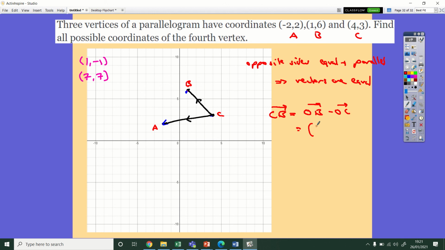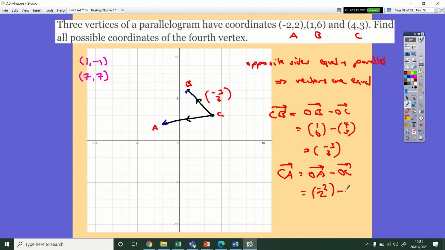That's going to be (1, 6) minus (4, 3). That's going to be (-3, 3). And then C to A is going to be OA minus OC, which is (-2, 2) minus (4, 3). That's (-6, -1).